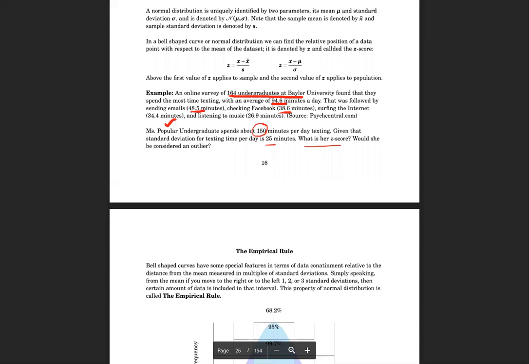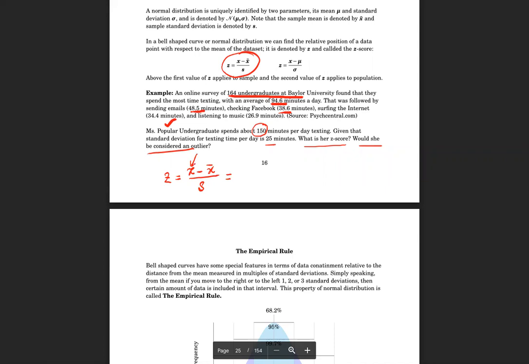When I say z-score, I implicitly assume that the distribution or shape of the data you're dealing with is bell-shaped, okay? Would she be considered an outlier? Now, remember, our formula is the z-score formula: z is equal to x minus x bar divided by the standard deviation. x is the data point in question.